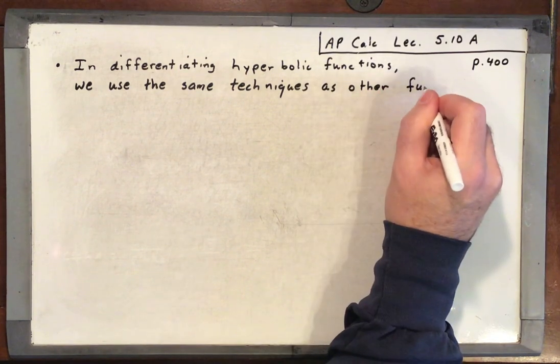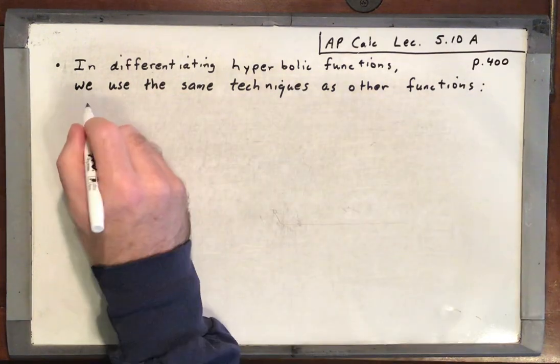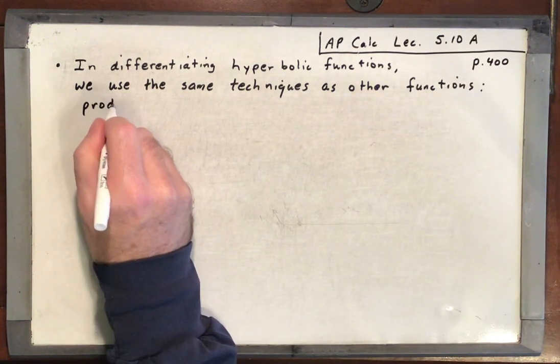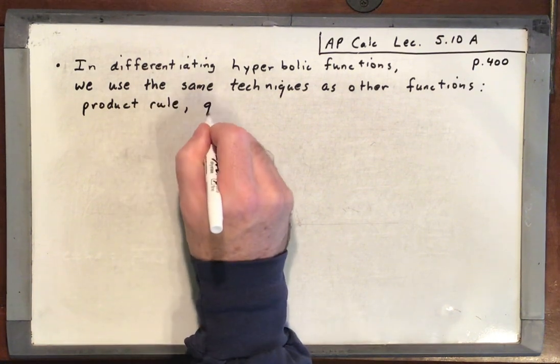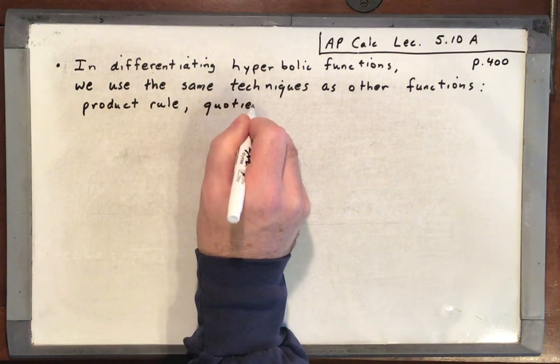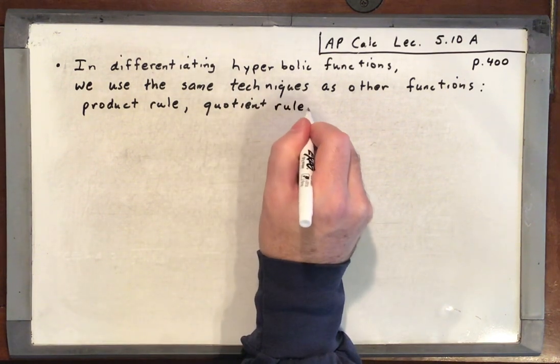So you're not having to reinvent the wheel here. You're going to use the same techniques like the product rule, like the quotient rule, the chain rule. Doesn't go away.